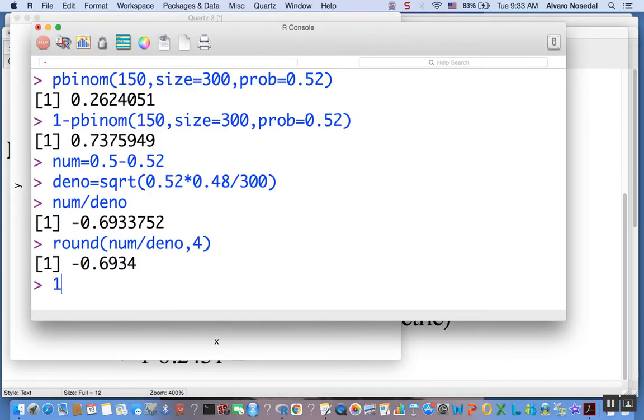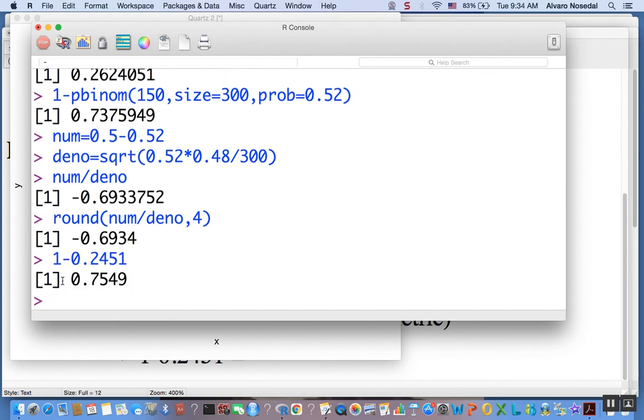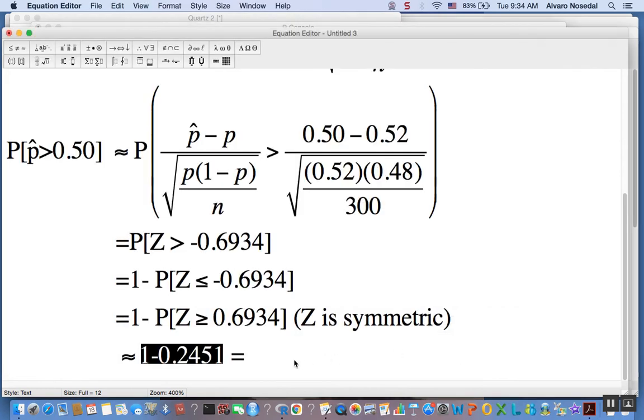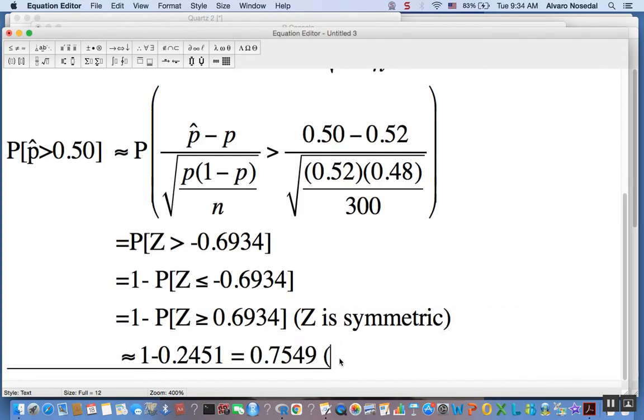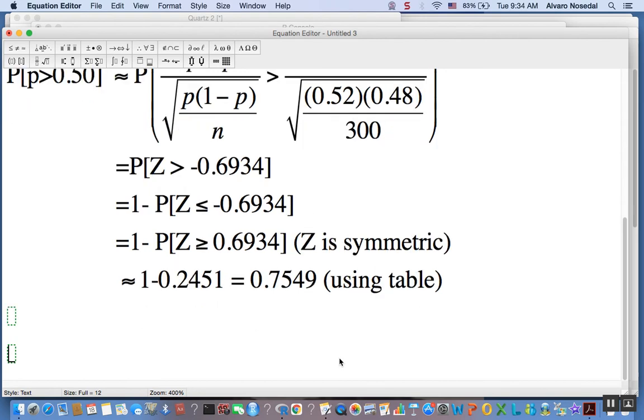That's what we have using our table. Now let's find it using R.